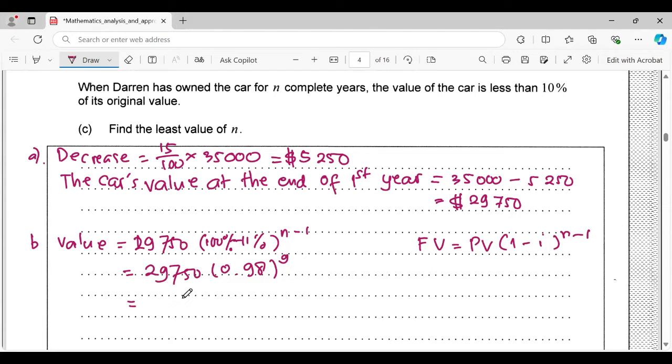And if you calculate it, the value would be $10,423.